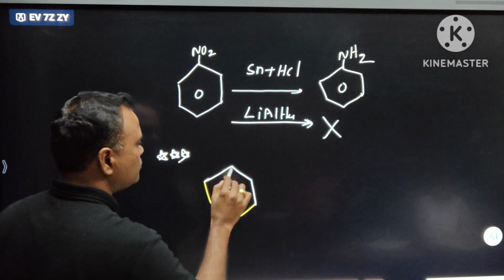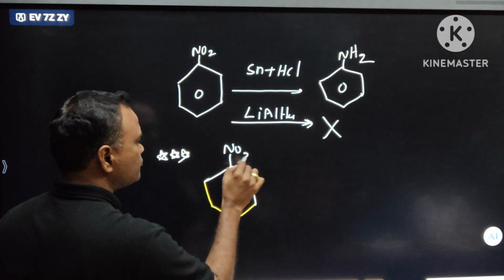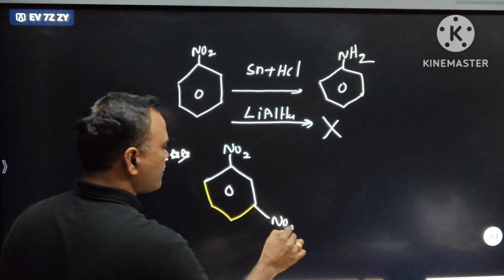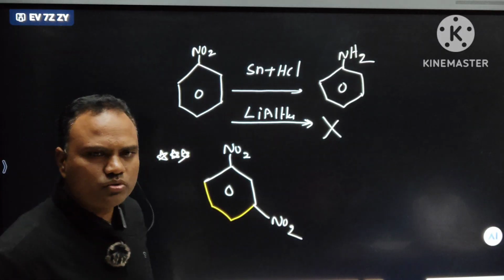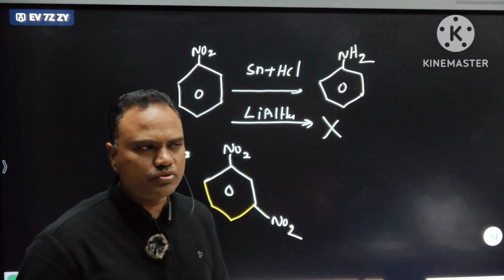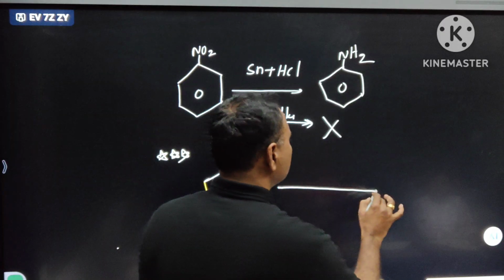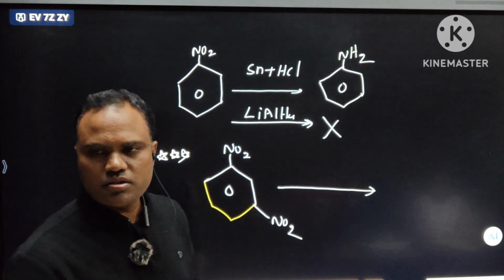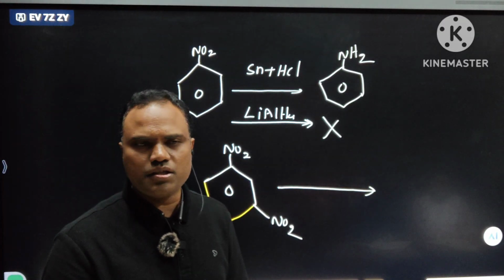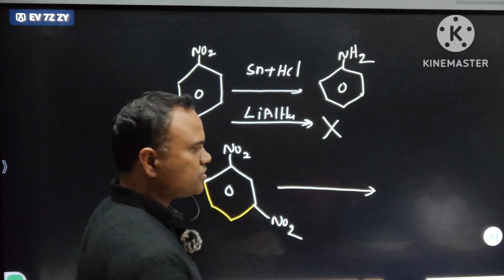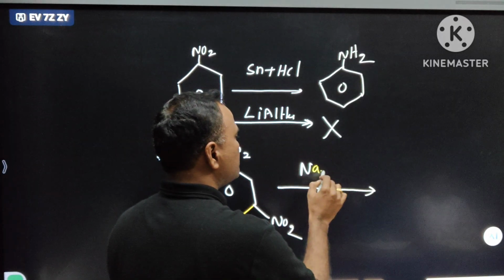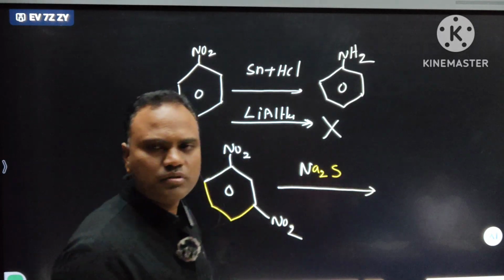When two NO2 groups are present in the meta position, use sulfide ion containing salts or compounds, such as Na2S. How does Na2S dissociate?